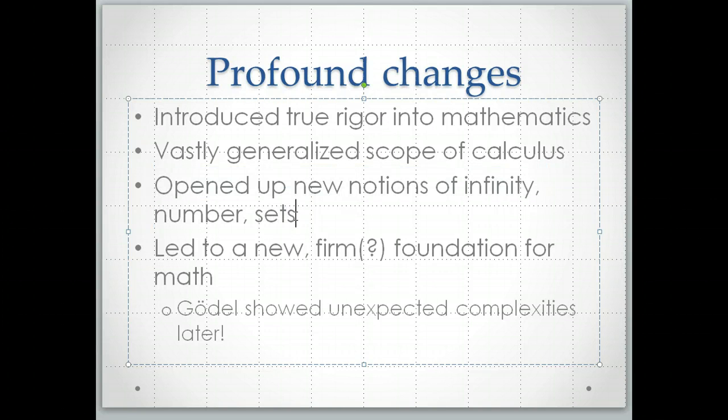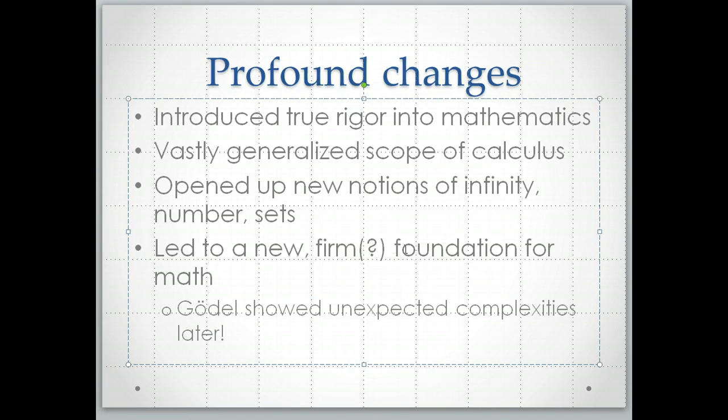Or are there other numbers out there you can define in interesting ways? Sets, it let us know that sets were interesting things and could be a foundation of mathematics. It led to a new and reasonably firm foundation for mathematics, namely set theory, very allied with very careful use of logic. Now, one of the things that really was impossible to do without this firm foundation is the work of Kurt Gödel, who in the 1930s showed that there actually were very, very deep unexpected complexities.